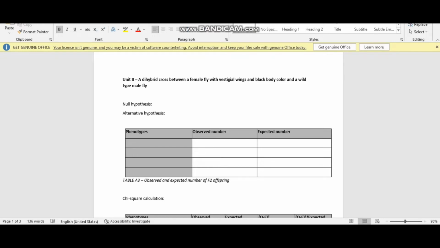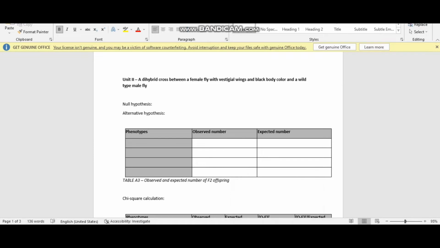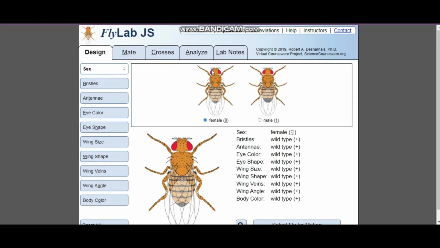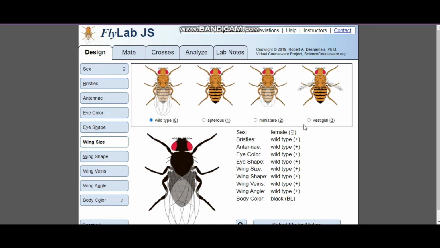So first I will be heading to the simulation website. So this is the simulation website. So first for the female, I will change the color to black, and the wing size will be vestigial.